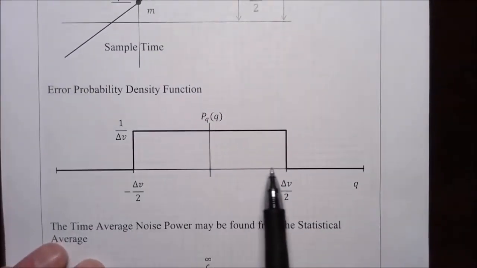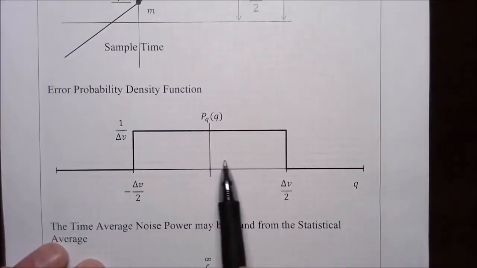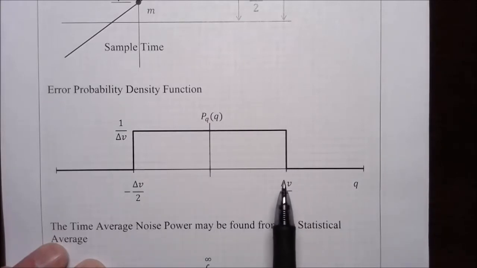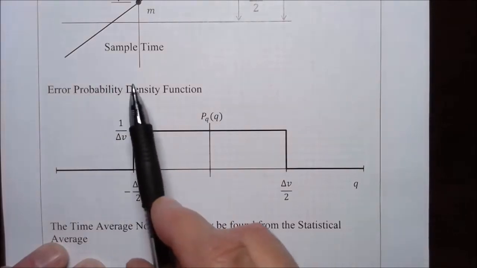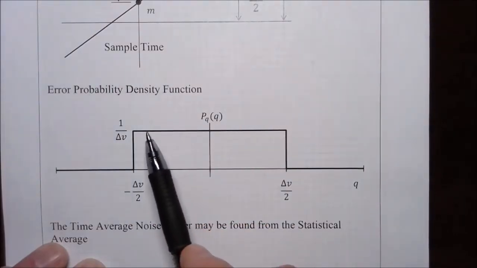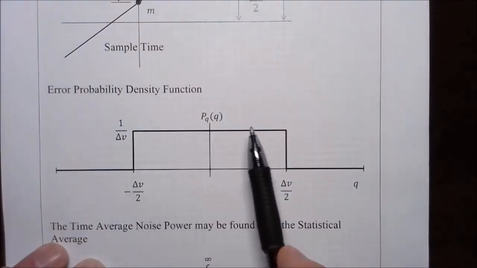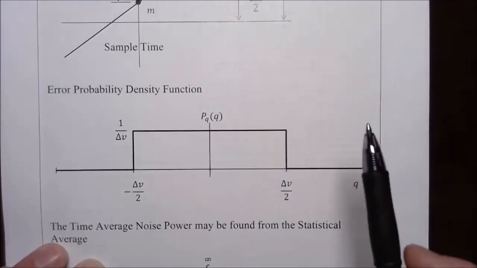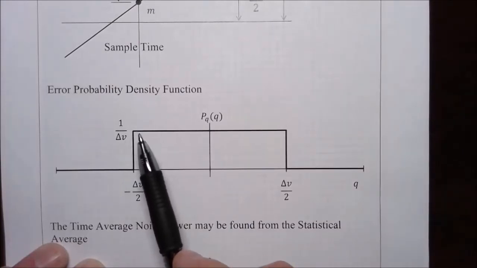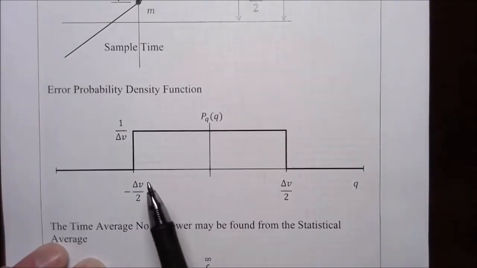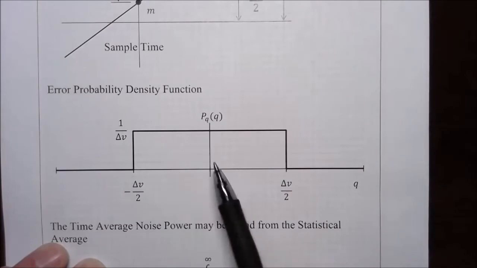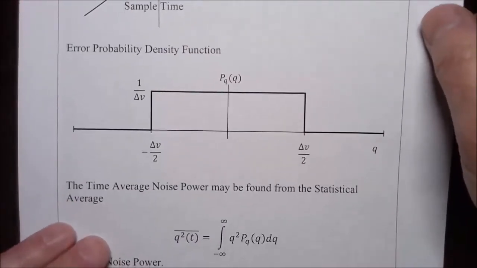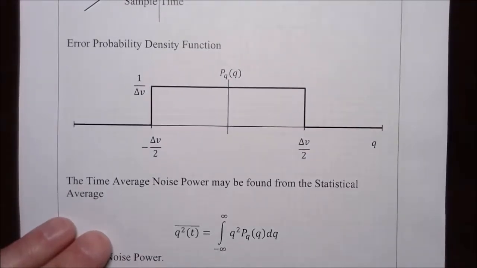So its overall possibilities have a width of delta V, and since it's a uniform probability density function, we have to keep the area of this rectangle equal to 1. So that makes the height of the rectangle equal to 1 over delta V. So 1 over delta V times delta V is equal to 1. That is a proper probability density function.